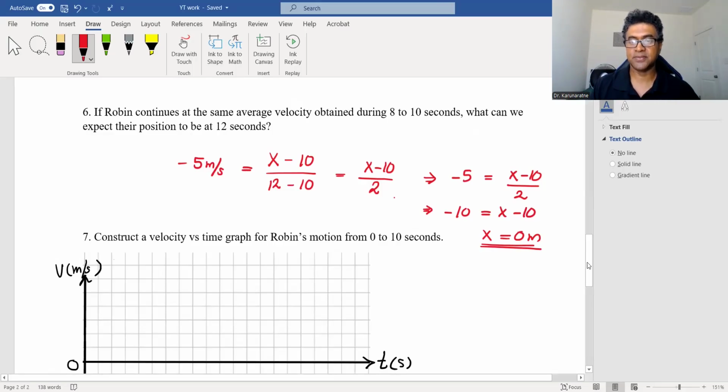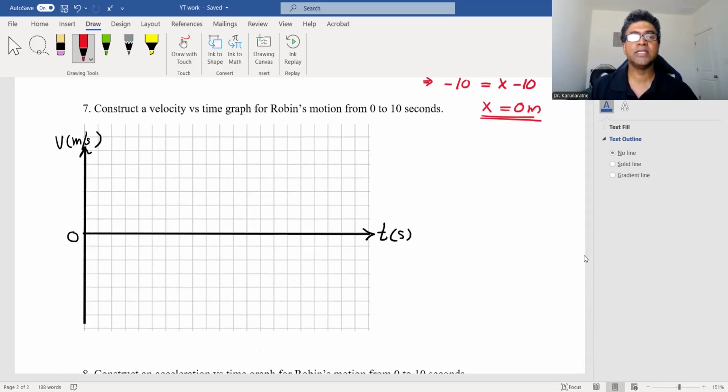So that's that answer. And for problem 7, we are trying to construct a velocity versus time graph for Robin's motion from 0 to 10 seconds. We know that in problem number 5, we divided the motion into 3 segments.